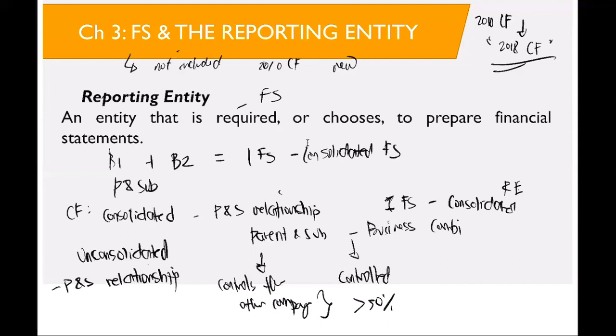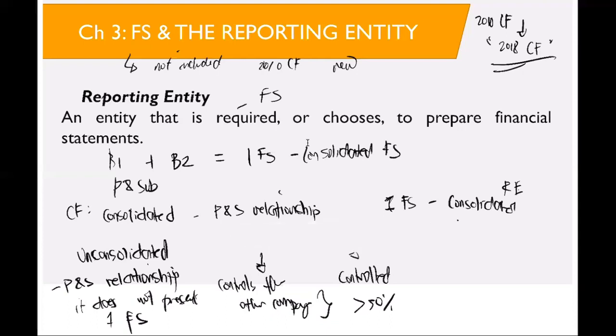However, it does not present one financial statement. We already defined what a parent-subsidiary relationship is. That happens when there is a business combination, and there is a control over one entity by another. So the parent controls the subsidiary.